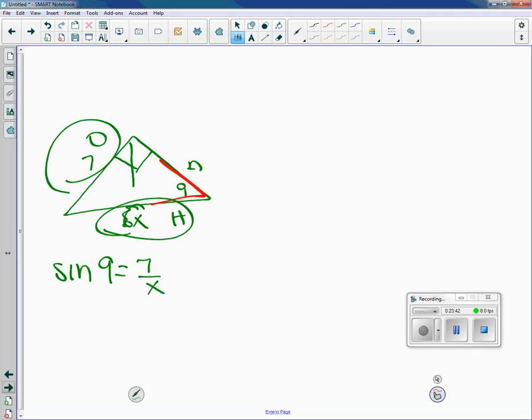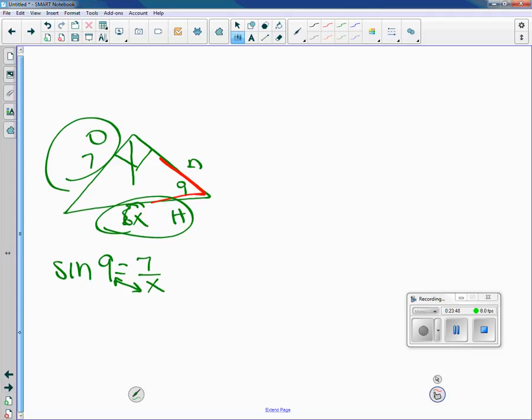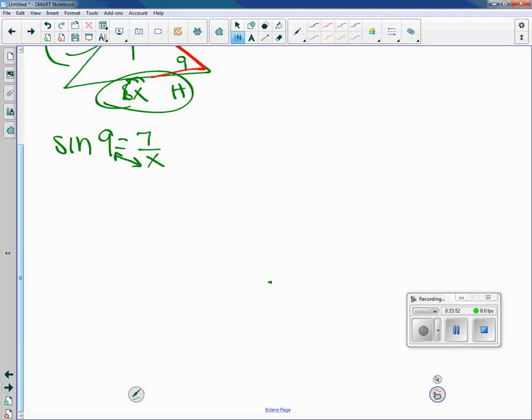So this one, if you notice, I have to switch them because the X is at the bottom. Is everybody with me? So this becomes X is equal to 7 divided by sine of 9. And in your calculator, that should give you 44.7.